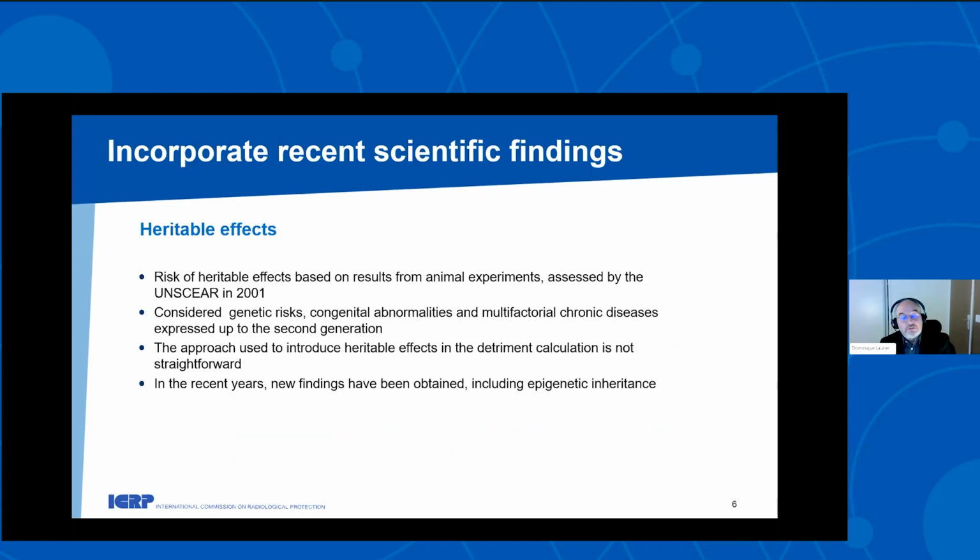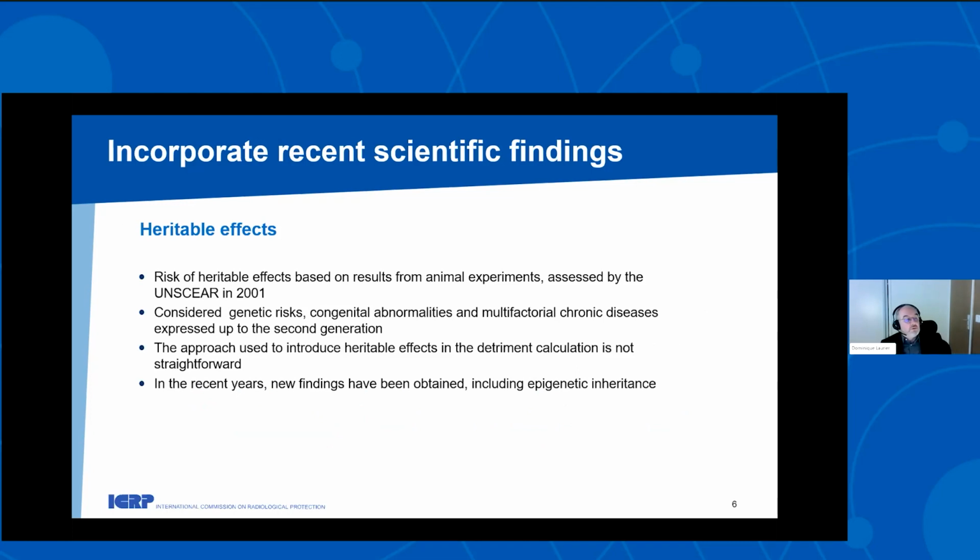A third input in the calculation of the detriment is about heritable effects, so effects that are observed in the offspring, in the next generation of people that have been exposed to radiation. In complement to cancer, the risk of heritable effects is based on results from animal experiments assessed by UNSCEAR in its report in 2001, so more than 20 years ago again.